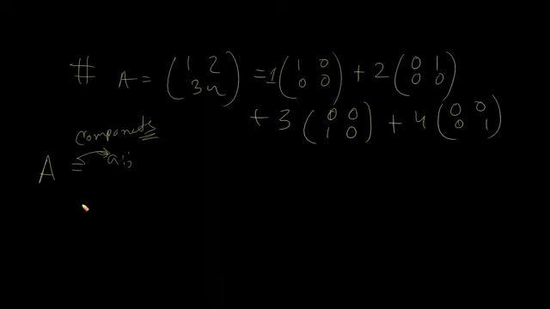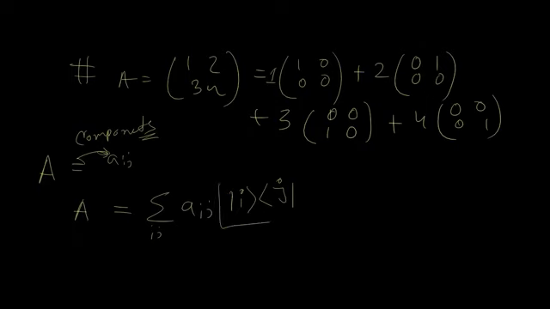But here in bracket notation, the matrix A we would be writing as a summation over i, j of a_ij, which is, let's say, the components, times a ket of i and a bra of j.